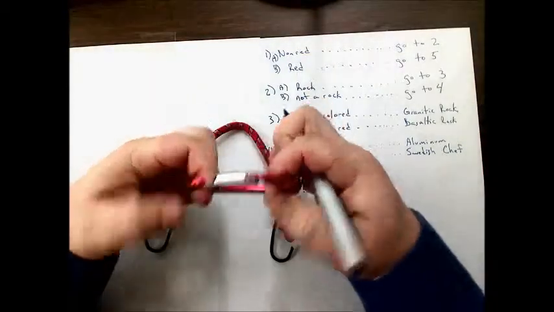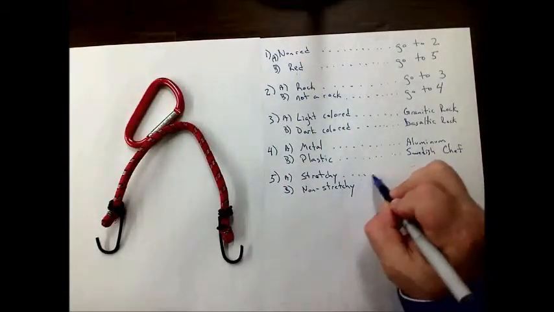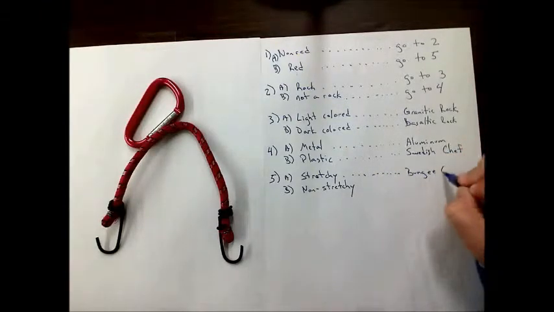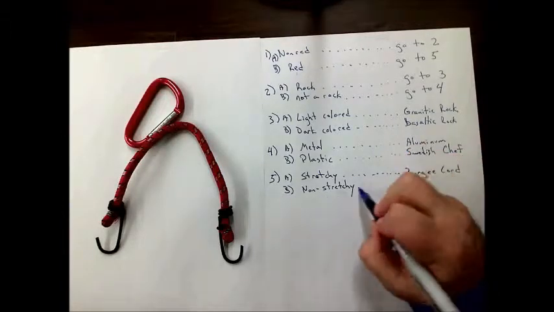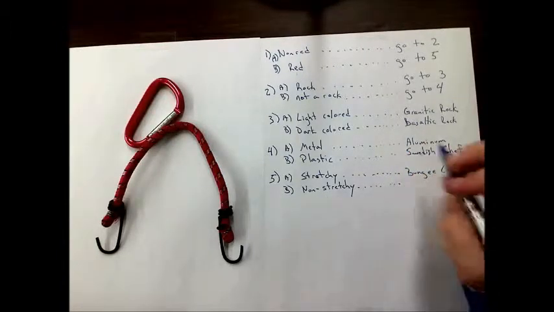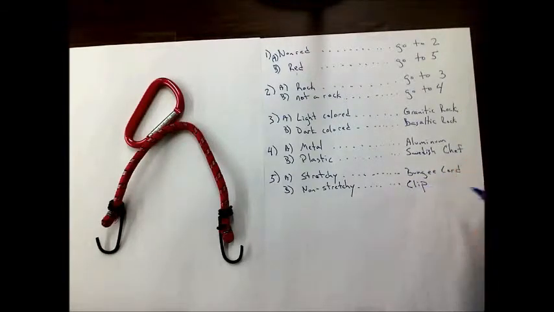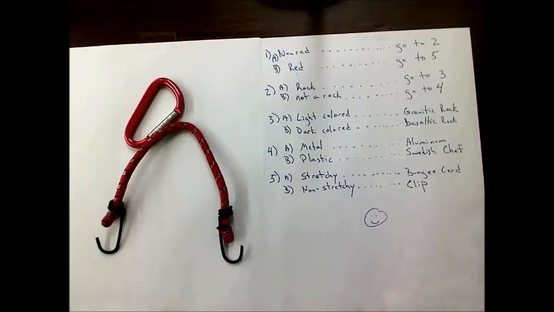If it is stretchy, that is a bungee cord. And if it is non-stretchy, it is something called a carabiner, and I'm too lazy to go look up how to spell carabiner, so I will just say clip. There you have it. We have a fully functioning dichotomous key.